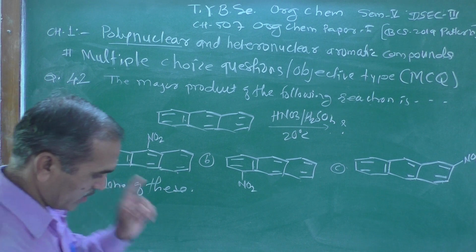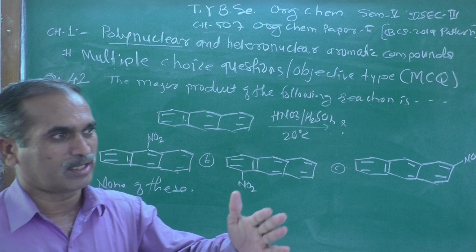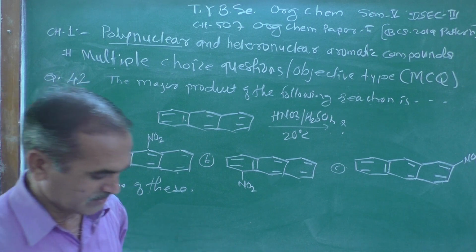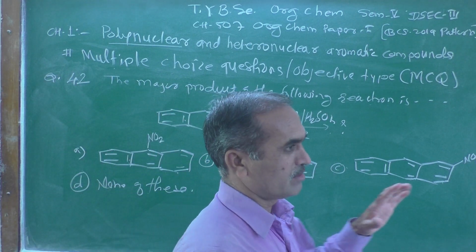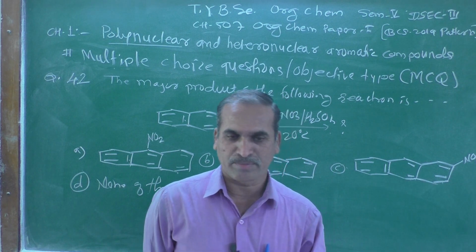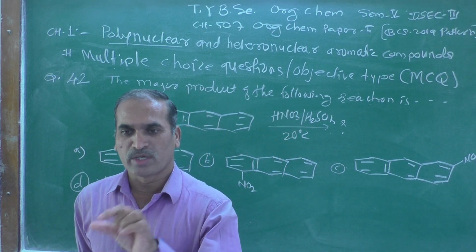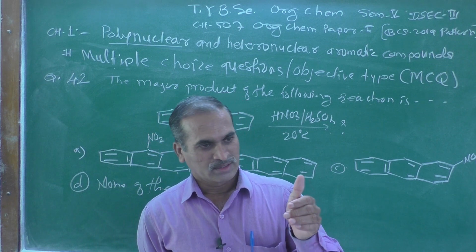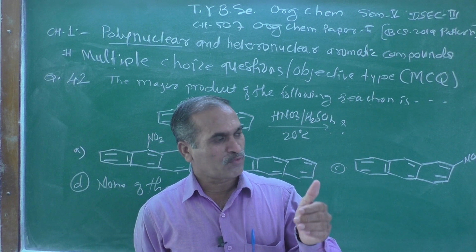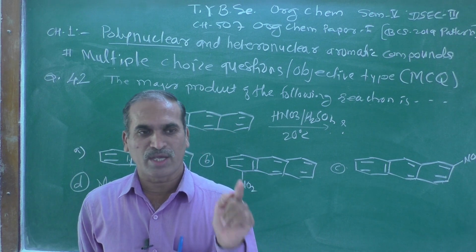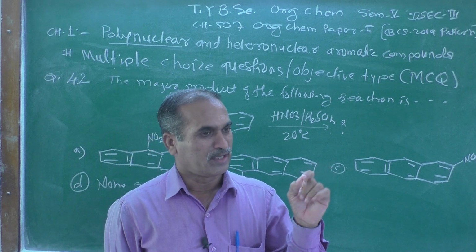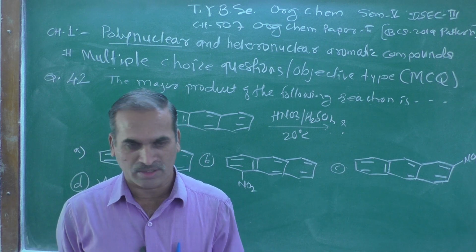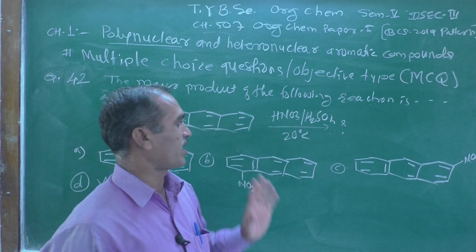As we know, while explaining naphthalene, it is an aromatic compound, and the commonly known reaction given by anthracene is electrophilic substitution, mainly occurring at the 9 or 10 position, because both positions are identical.